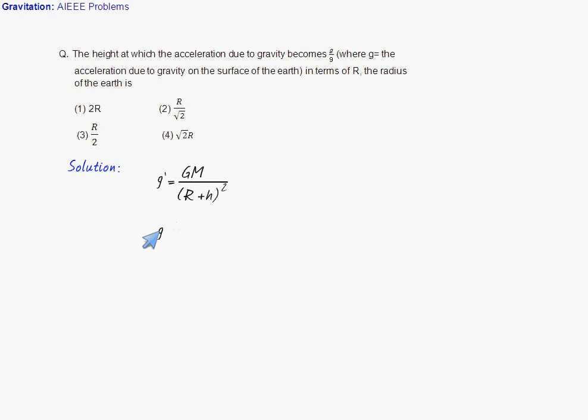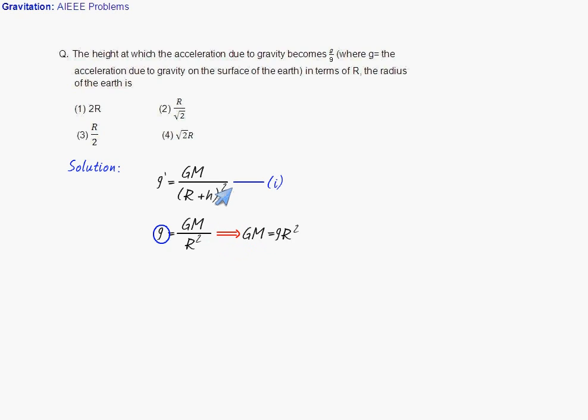But we know g is equal to GM by R square, the acceleration due to gravity at the earth surface. So this implies that GM is equal to gR square.